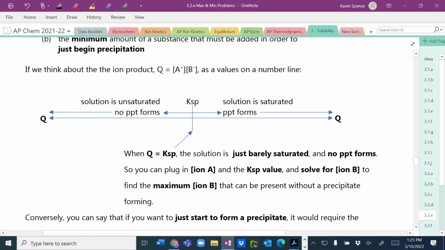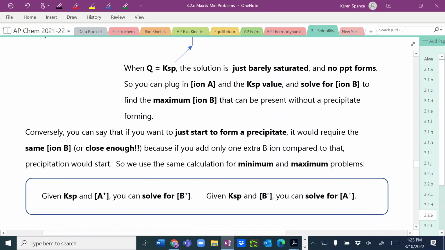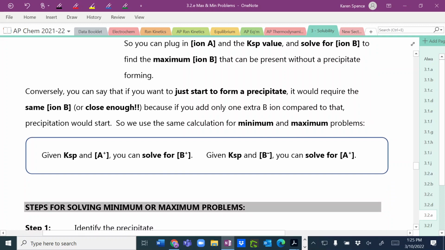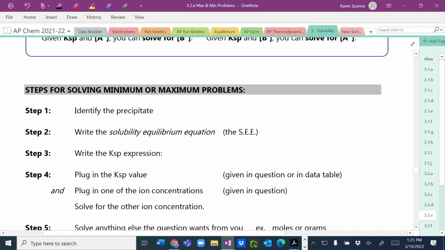So it doesn't matter how you ask the question, we use the same calculation. It's the easiest one of all. Just don't make those silly mistakes of trying to make the ion concentrations proportional to the coefficients, and don't try to find the KSP for a soluble compound. Always look for the precipitate.